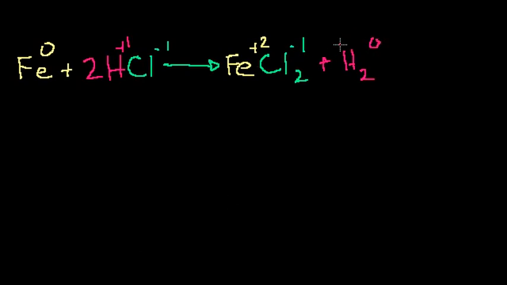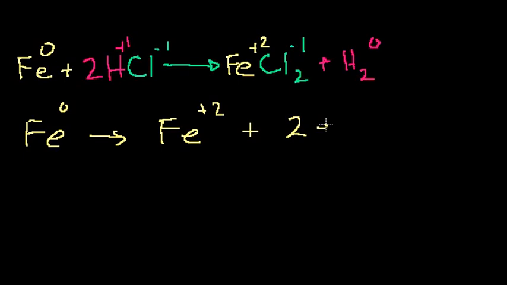So what was oxidized? Our iron went from neutral to having 2 electrons taken away from it, which gives it a positive charge. So plus 2 electrons got taken away. So this was oxidized. What about the hydrogen?